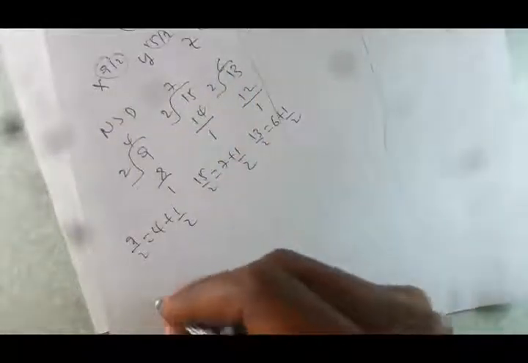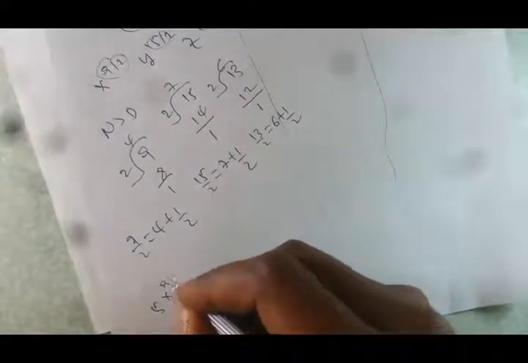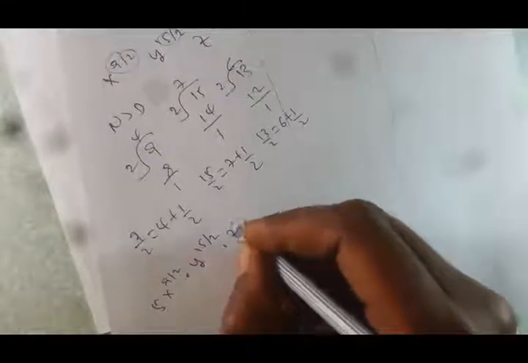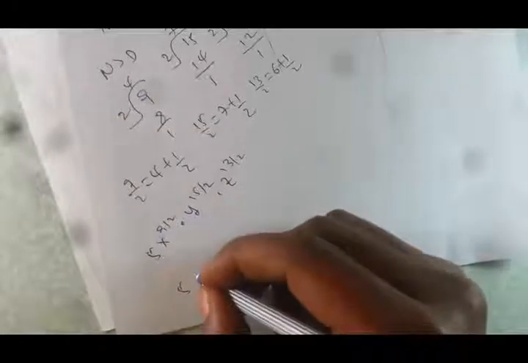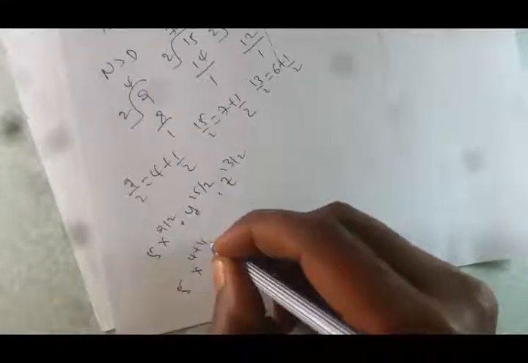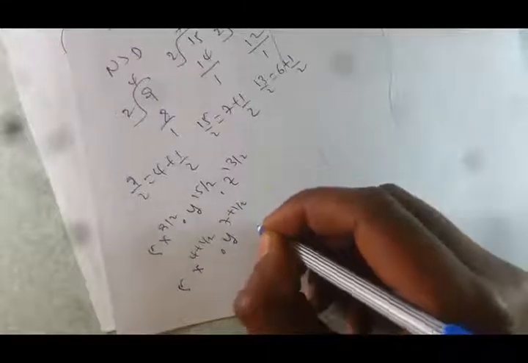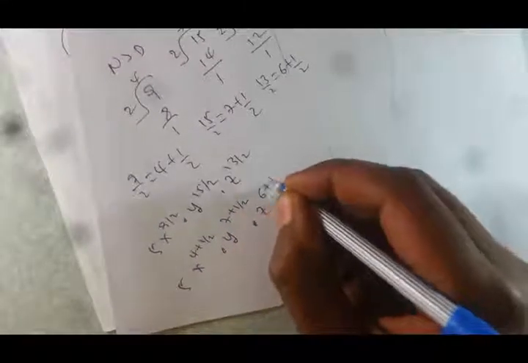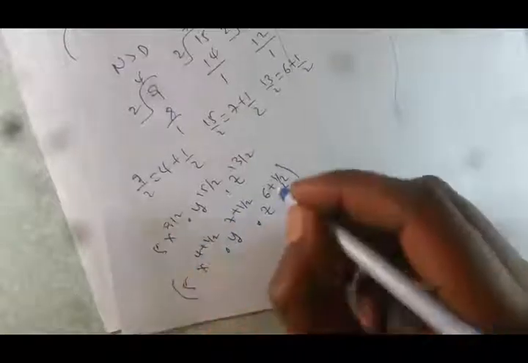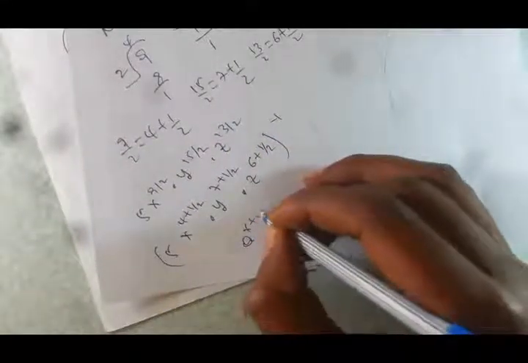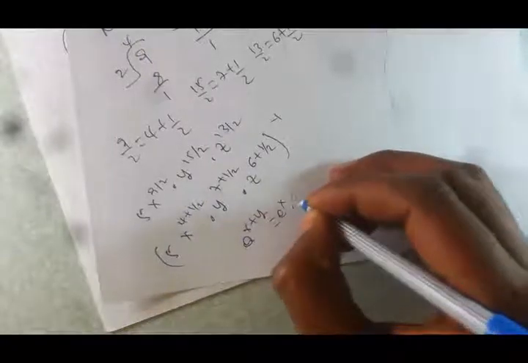Therefore 5 x raised to 9 over 2 times y raised to 15 over 2 times z raised to 13 over 2 can be written as 5 times x raised to 4 plus 1 over 2 times y raised to 7 plus 1 over 2 times z raised to 6 plus 1 over 2, raised to minus 1. And we know that a raised to x plus y can be written as a raised to x times a raised to y.